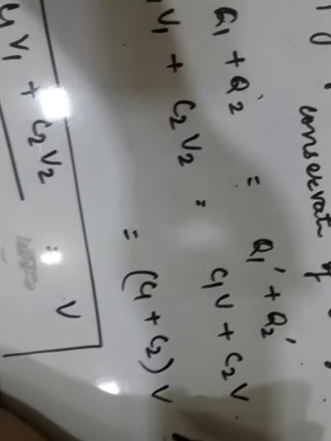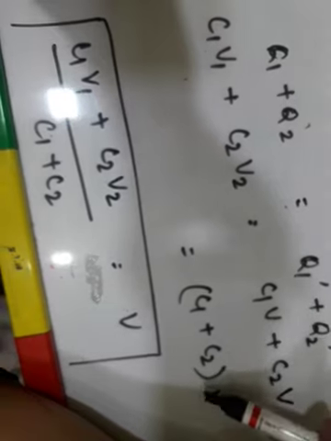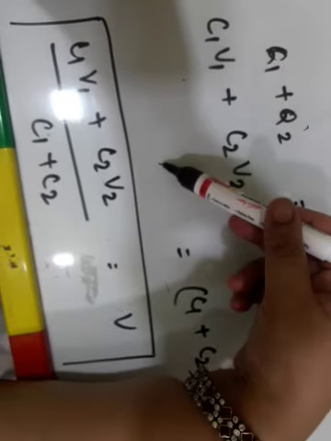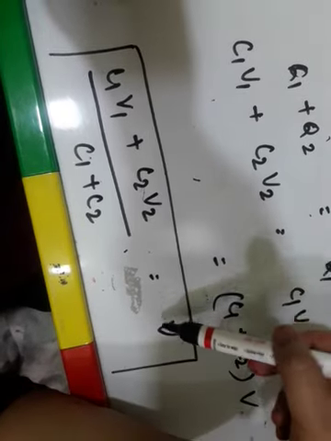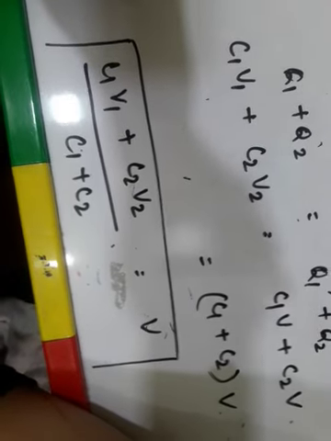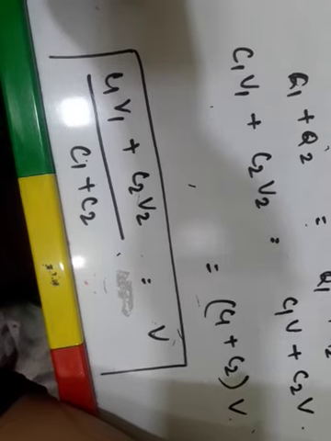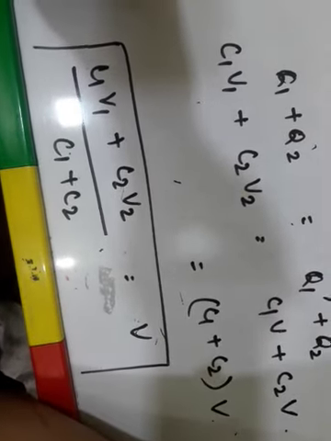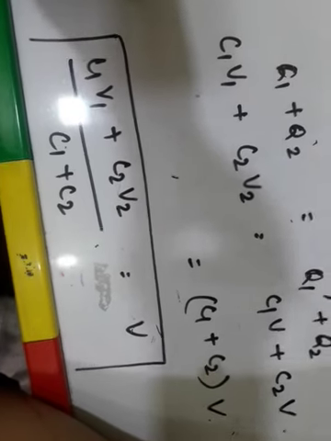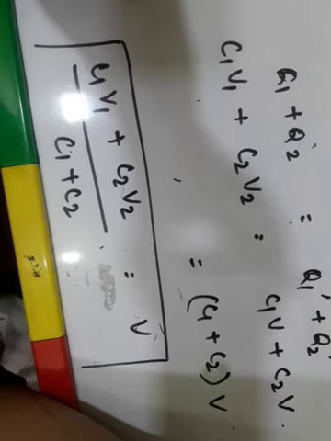Taking V as common, so what do we get? This one, and divided by this C1 and C2, we get the formula of the common potential. So common potential of the two bodies sharing the charges becomes this much. तो शेयर कब तक करेंगे? जब तक हमारा पोटेंशियल कॉमन नहीं आ जाता, एंड कॉमन इज दिस वे, right?